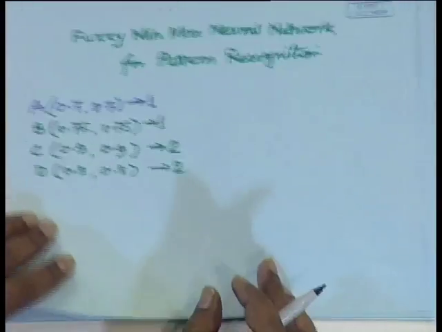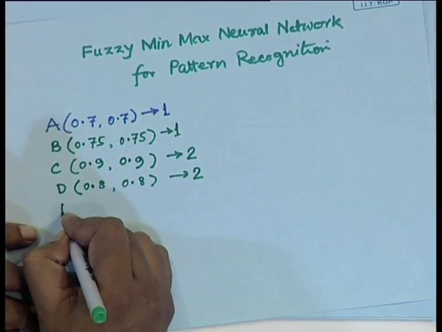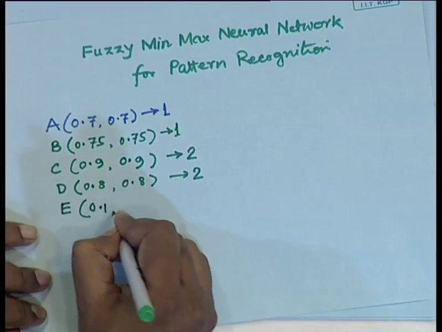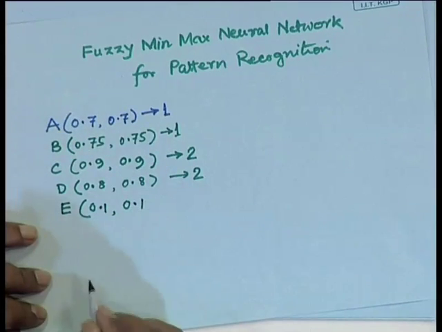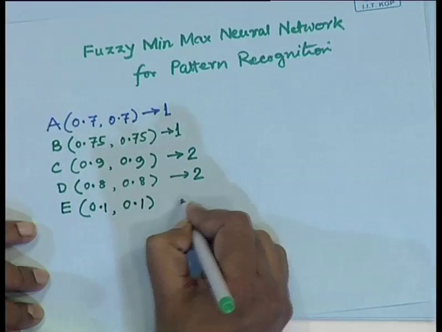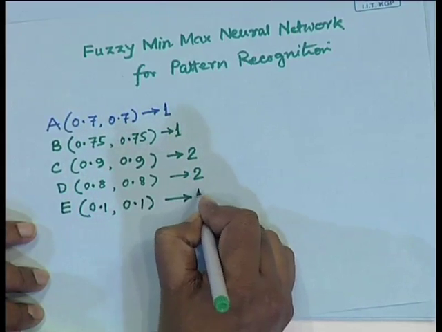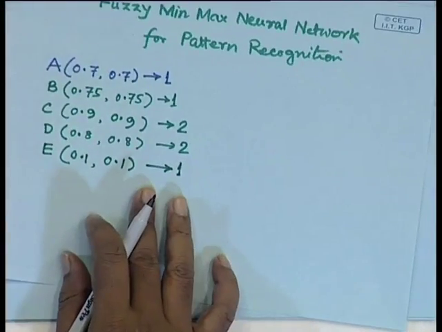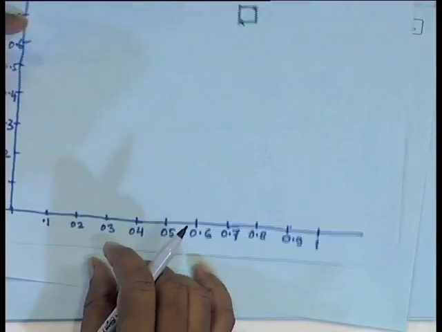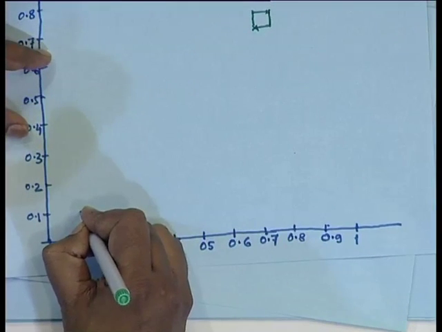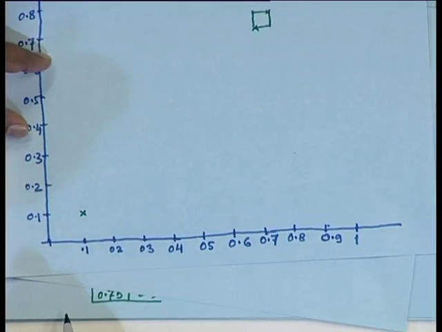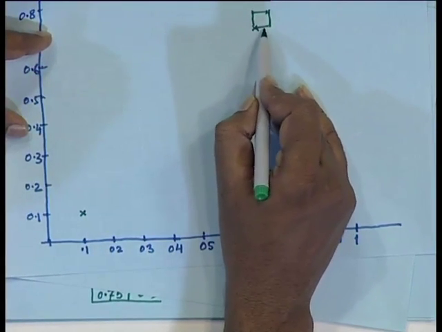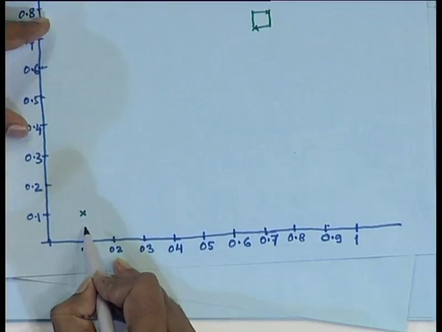So, now let us take the fifth point, which is E, and the vector is 0.1, 0.1, and we said that this feature vector belongs to class 1. So, for this I will have the hyperbox at 0.1, 0.1, and suppose that this hyperbox belonging to class 1, I cannot expand to include this.